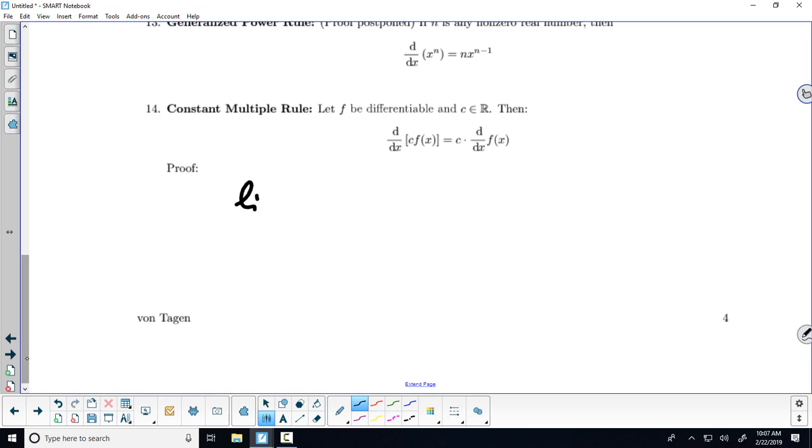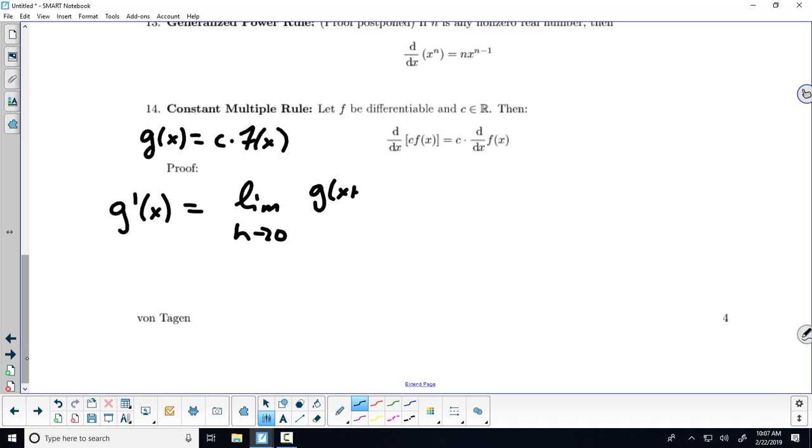So if I write the function, let's say g of x is equal to c times f of x, okay, then g prime of x would equal the limit as h approaches 0 of g of x plus h minus g of x all over h.